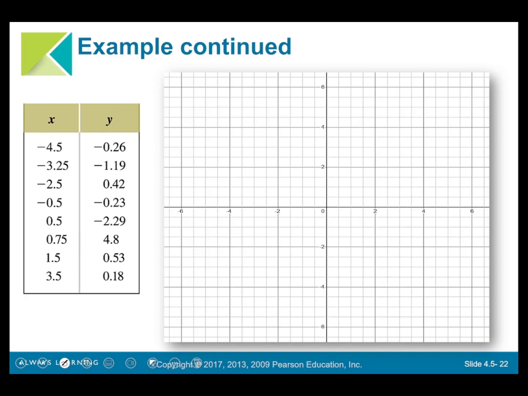I'm going to change my pen to blue. Here's our line at negative 3. And then again at 2/3. So 2/3 is right in here. And then, of course, at 0 is our horizontal asymptote.